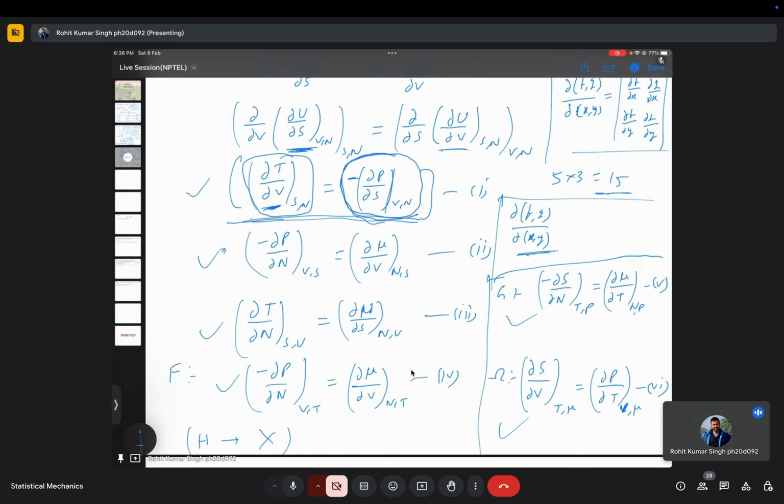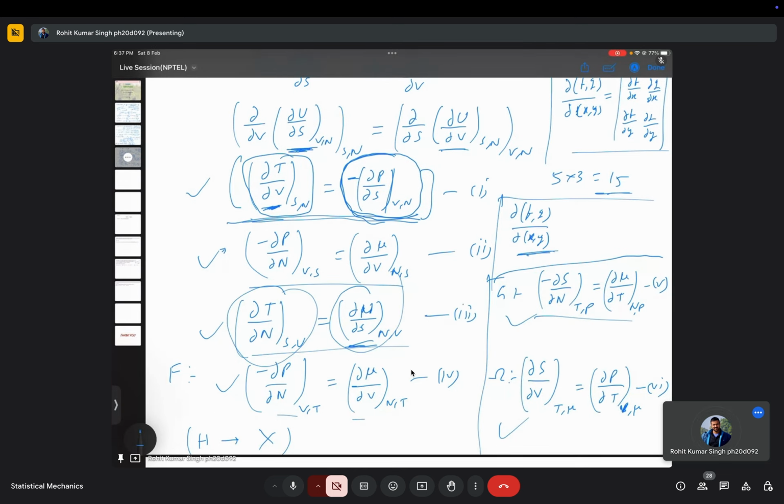So that's how all these Maxwell relations are very important. You can take any one of them. Here also you see that there is a change in chemical potential with respect to entropy. This you cannot measure, but this you can measure.